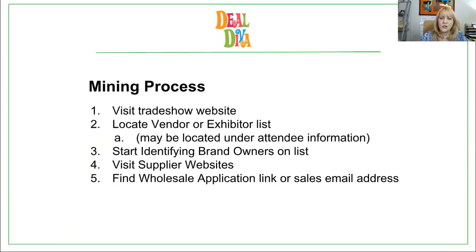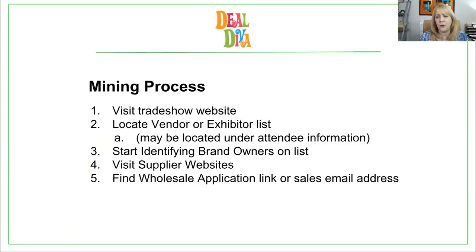Once you find that exhibitor list, you start identifying brand owners on that list. Now, there are going to be some generic ones like American Express or Visa because they're trying to get people to sign up for their cards, or vacation destinations. But out of those vendors, there will be a subset that will be brand owners and have a product to sell to wholesalers or to the marketplace.